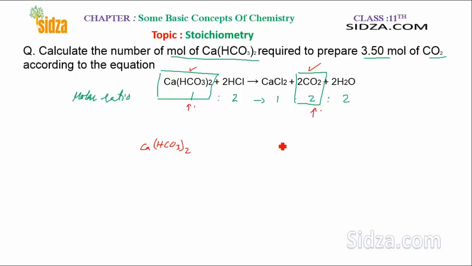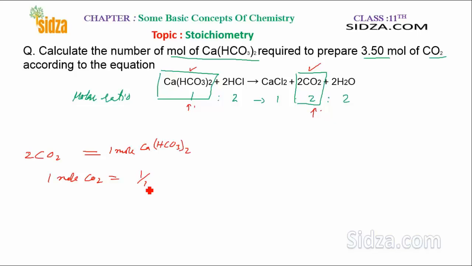From the balanced equation, I can write down here that 2 moles of carbon dioxide are produced from 1 mole of calcium bicarbonate. Therefore, for 1 mole of carbon dioxide, how much calcium bicarbonate will be needed?